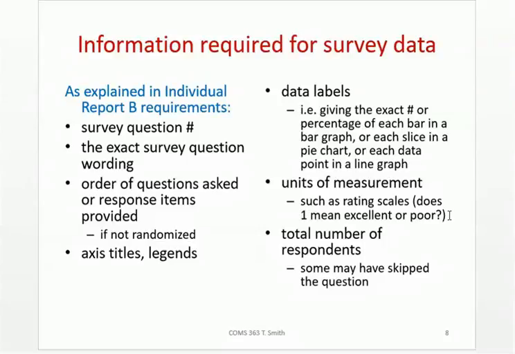If it's a scale of 1 to 5, does 1 mean poor, or does 1 for another question mean none whatsoever? What wording was given with the label 1 when the scale was given to a respondent? You also often need the total number of respondents, especially if you're giving percentages. Even if you have 53 respondents throughout one survey, some people may have skipped that question. So it's important for mathematical understanding.